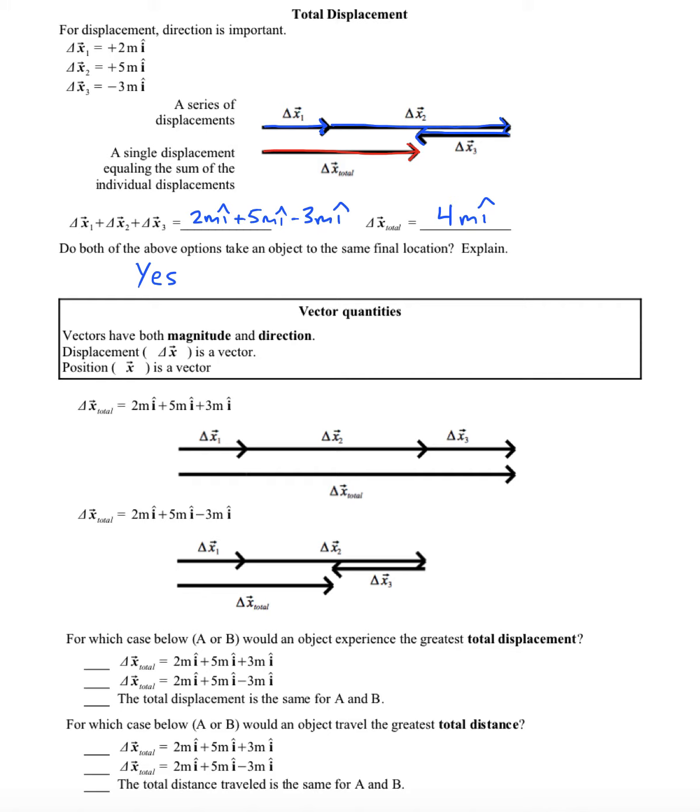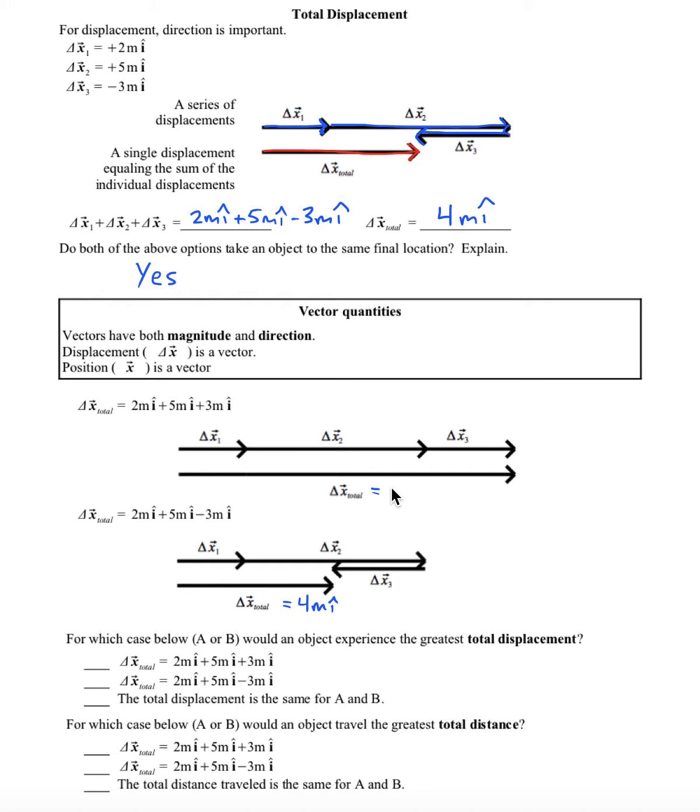All right, so the total displacement is represented here by the delta x total. And in this case, it's going to be 4 meters of total displacement. But in the above case, hopefully it's clear, it's going to be much more. We're going to go to the right 2, to the right 5, and then to the right 3.